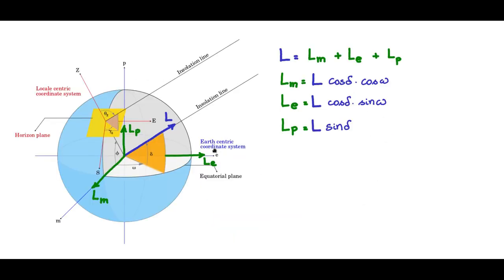We have also seen the insolation vector being resolved along three orthogonal axes of the earth centric coordinate system, and then we have the LM along the meridional axis, LE along the east of the meridian axis, and LP along the polar axis, given in this fashion as a function of delta declination and omega.